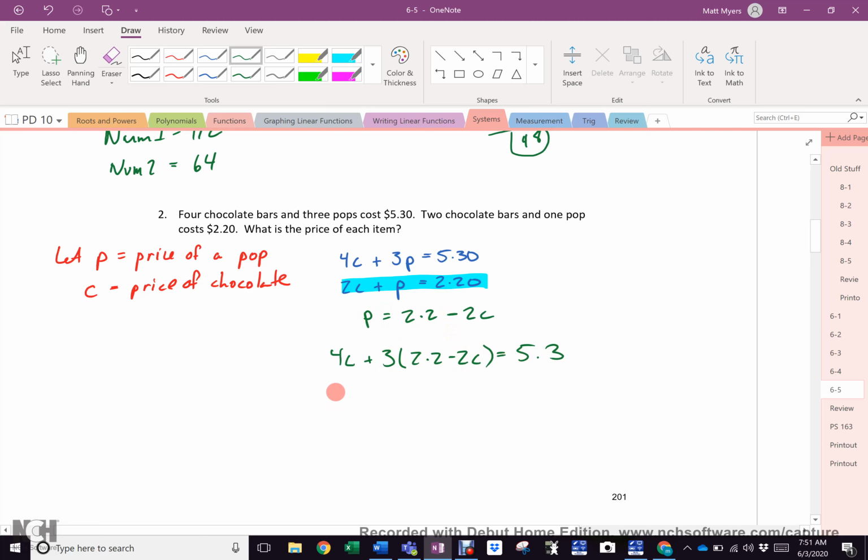I do my math. 4C plus 6.6 minus 6C equals 5.3. 4C minus 6C, negative 2C. Bring that 6.6 over here, equals negative 1.3. C equals 0.65.